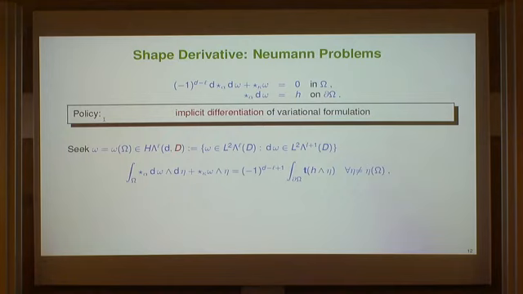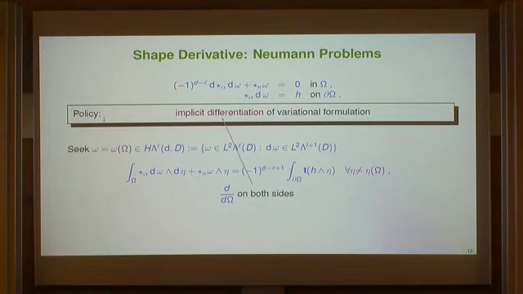You can do this because outside omega, well, it's of no interest. And now I want to compute the shape derivative of this omega. What I do is I do shape differentiation on both sides in the sense of a Gateaux derivative to begin with.